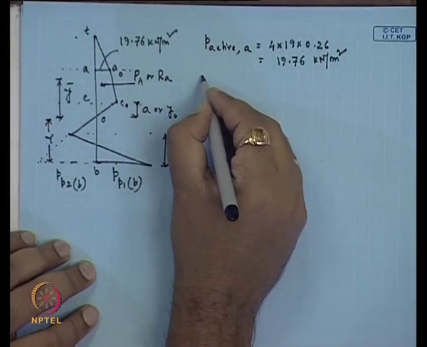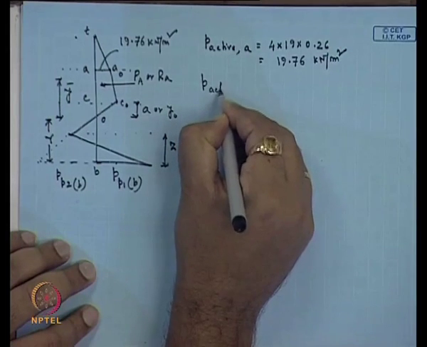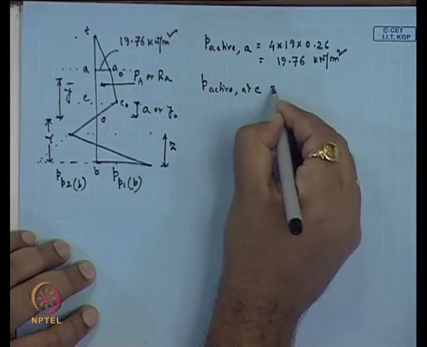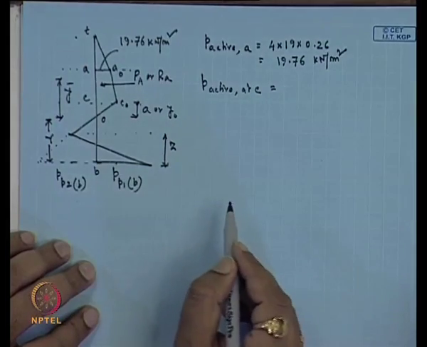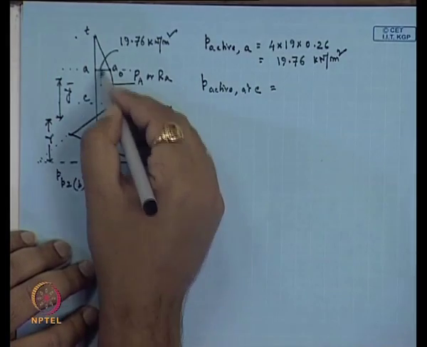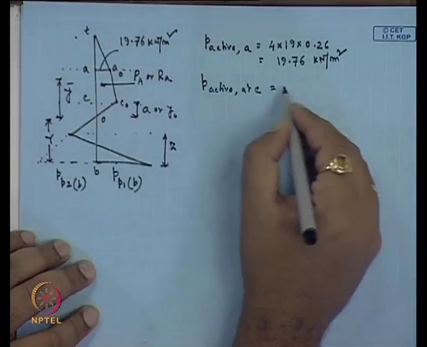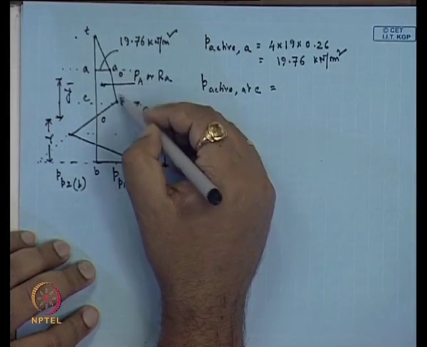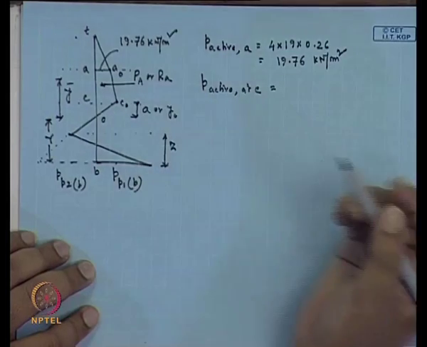Similarly, the active pressure at the sea level, I mean this pressure, because the distance from the dredge level to the water level is 3 meter and the top is 4 meter.